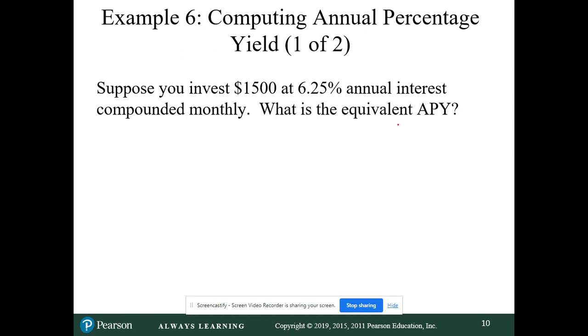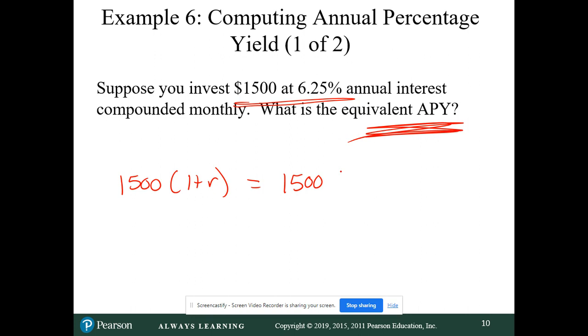So we want to figure out the APY if this is invested compounded monthly. So the APY, we take the 1,500 times 1 plus the rate equals, because this is 1 year, 1,500 times 1 plus 0.0625 divided by 12 to the 12th power.